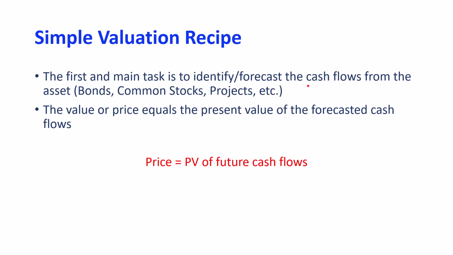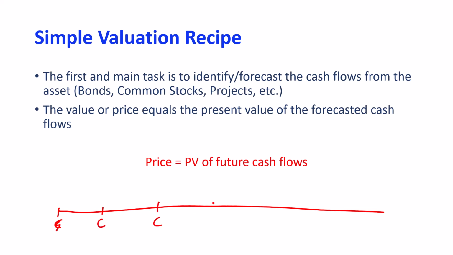So when you look at the bond, what are the cash flows? We have the coupons that we receive, and we have also a face value or future value for a bond that we're going to receive.